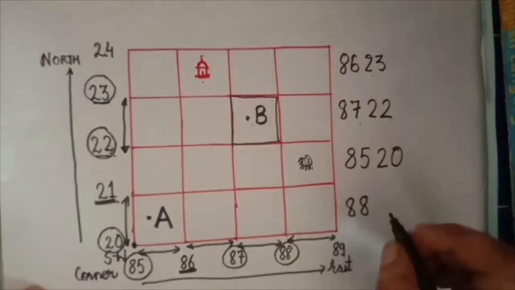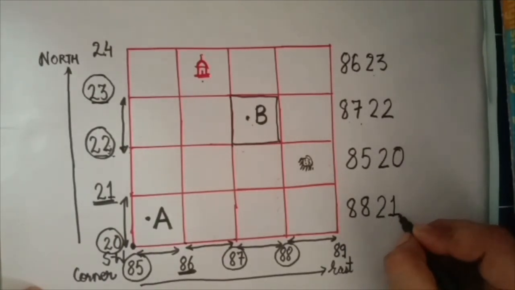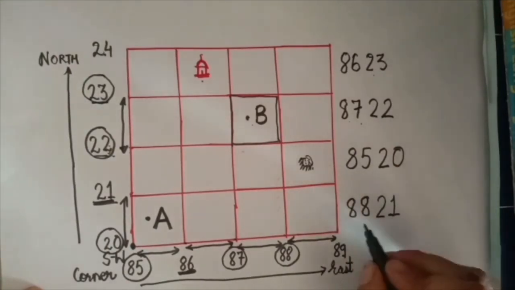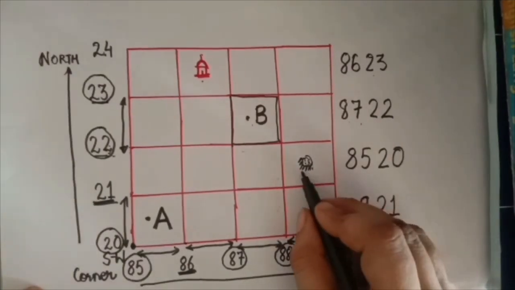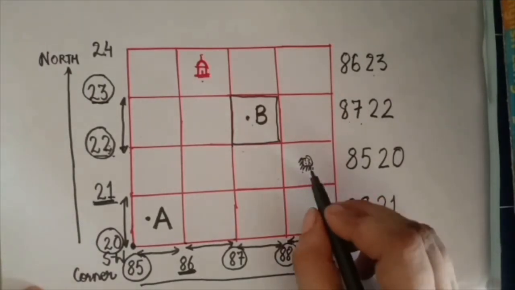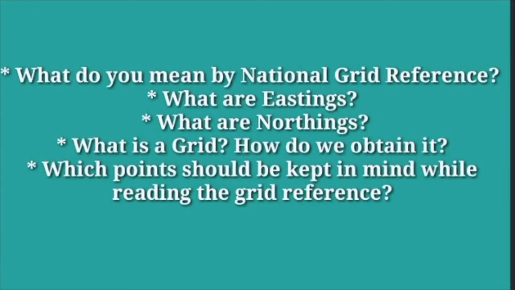So, we will take 2-1, and we get the number 8-8-2-1. Here 8-8 refers to the eastings of this dry tank and 2-1 refers to the northings of this dry tank.